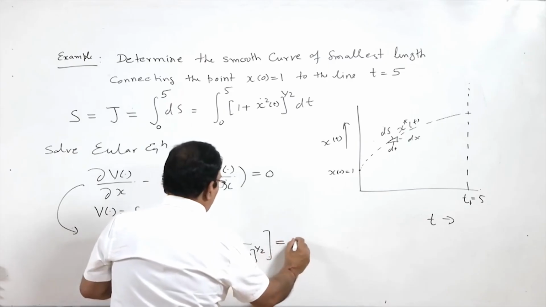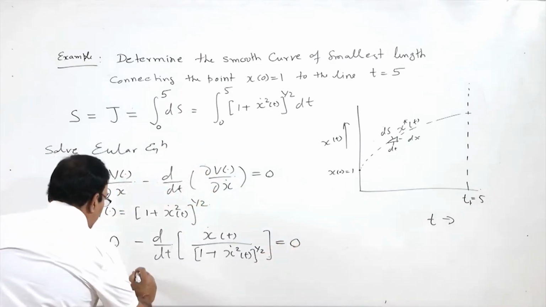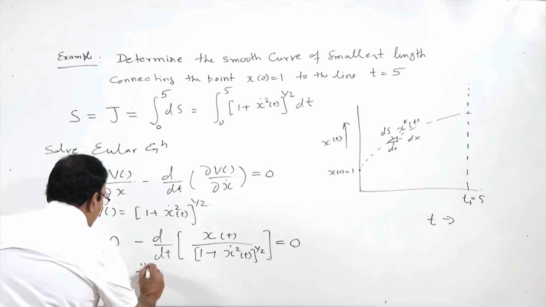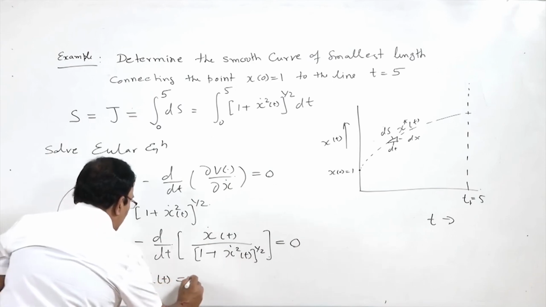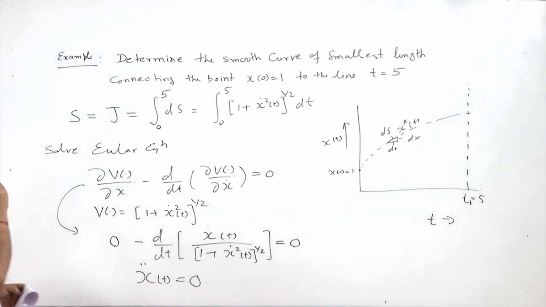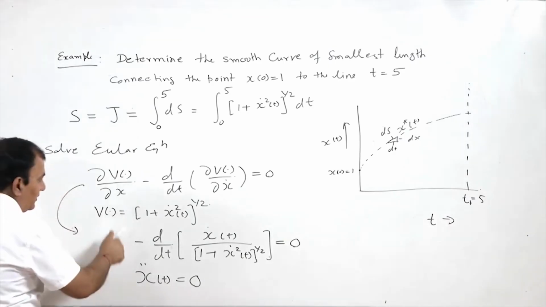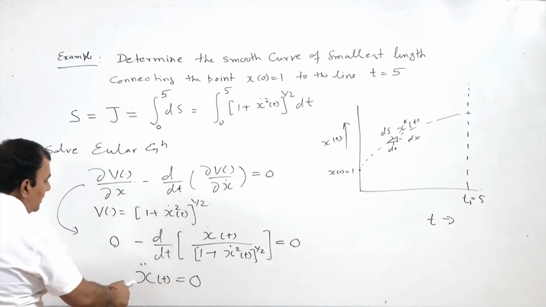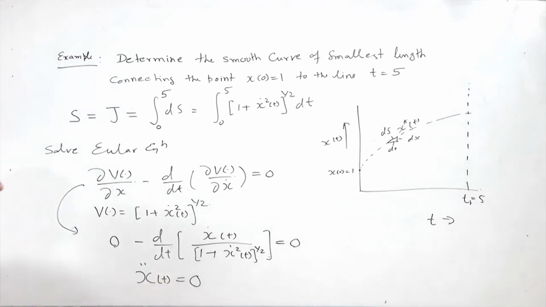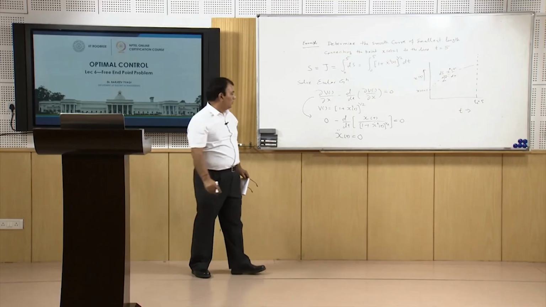This must be equal to 0, and this can be written as x double dot t equal to 0. So, the solution of this Euler equation gives me x double dot t equal to 0.